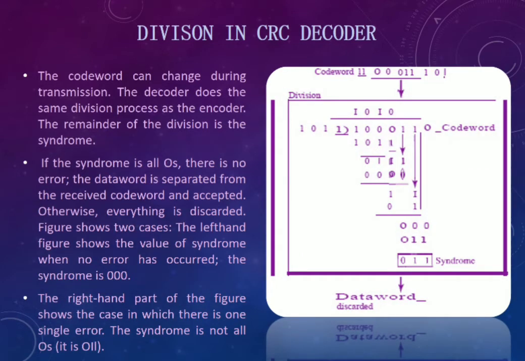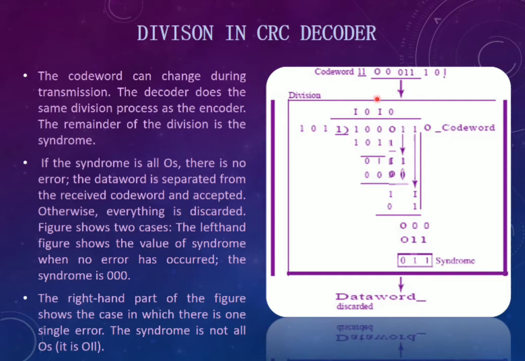Division in the CRC decoder. The code word can change during transmission. The decoder does the same division process as the encoder. The remainder of the division is the syndrome. If the syndrome is all zeros, there is no error. The data word is separated from the received code word and accepted, otherwise everything is discarded.